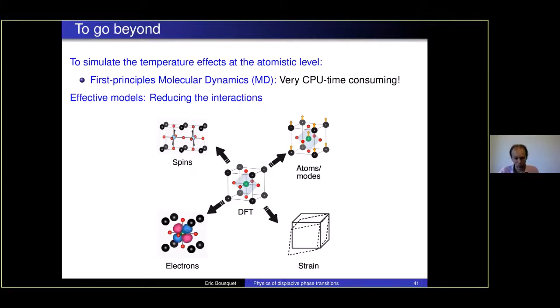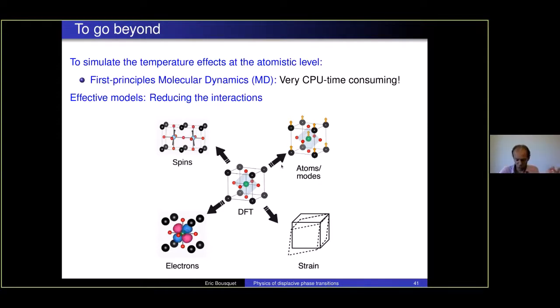And often what you want to do is to reduce the interaction to the main ones you want to take into account. And you use the DFT to fit some models, like we have done for the Landau model, for example, but we can do other models that are much more atomistic. Basically you use the DFT to fit some models that take into account the atoms, the spins, the electrons, or the strain, and the coupling between them.